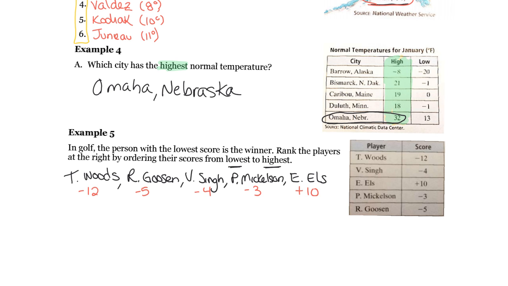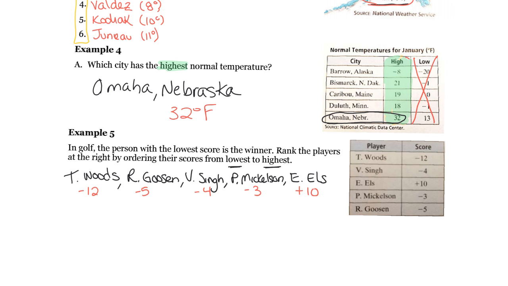Example 4 should be Omaha, Nebraska, because we're looking at the highest temperature, so we don't need this other category at all. Pardon me, so ignore those. Which is just the largest number? Omaha, Nebraska would be that with 32 degrees Fahrenheit.